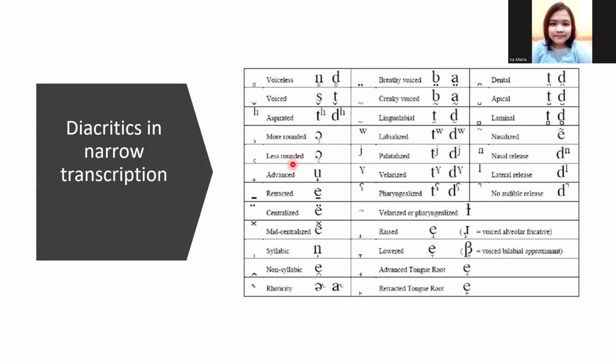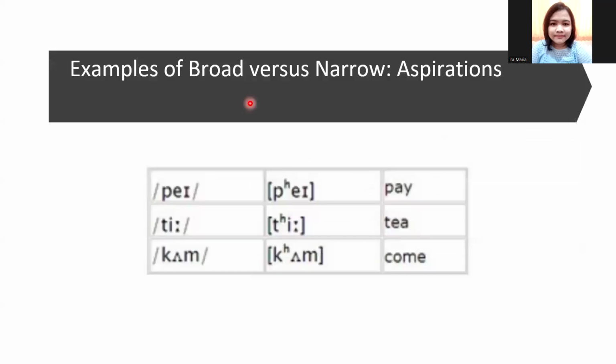So try to memorize the most common diacritics that will be used when you're trying to do the transcription by yourself. So for example, you have voiceless with the small circle symbol here, or aspirated or plosive sound with this symbol, and others.